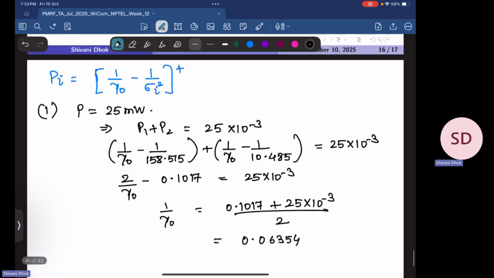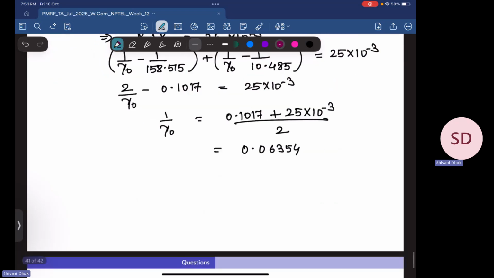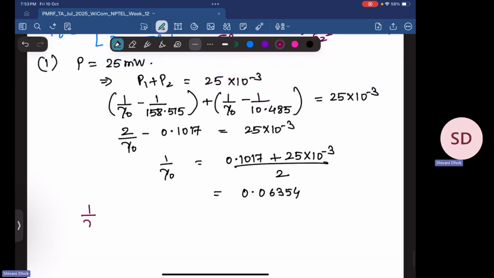Now what we need to check is this: 1 by sigma 1 square is equal to 0.0063, and 1 by sigma 2 square, if you simplify it, comes out to be 0.0954. Now this 1 by gamma naught is greater than gamma 1, but this 1 by gamma naught is less than gamma 2.